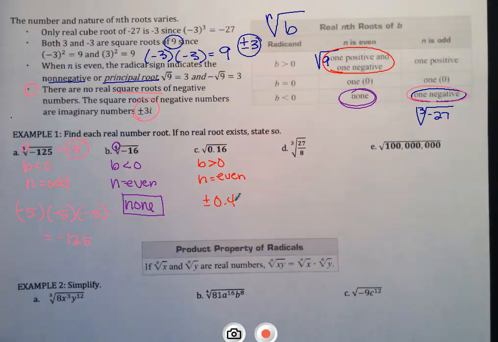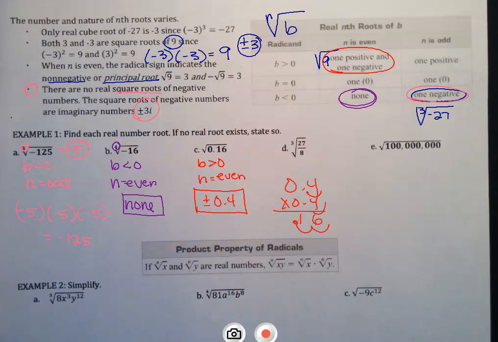Correct. Okay, so then what would be the principal root here? Is it 0.4 or is it -0.4? 0.4, because when we do 0.4 times 0.4, we would get 16, and we move the decimal two places over, so it'd be right there. That makes sense?